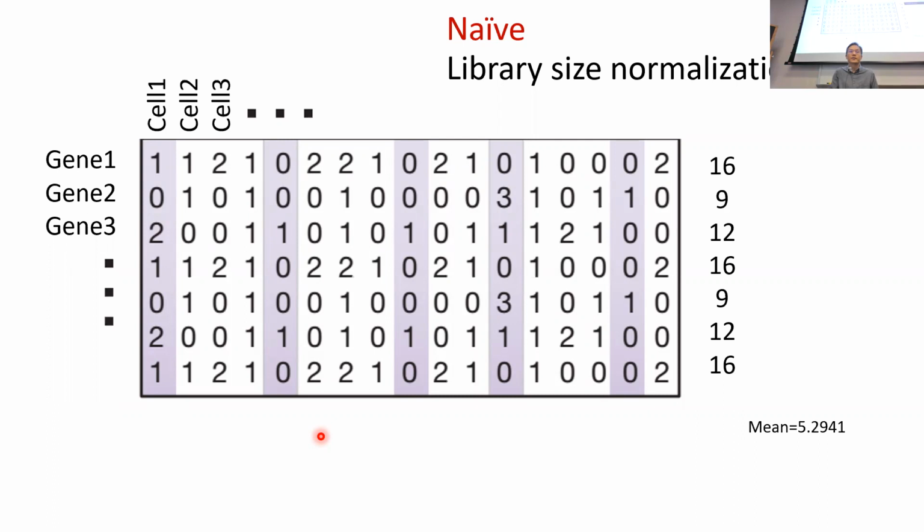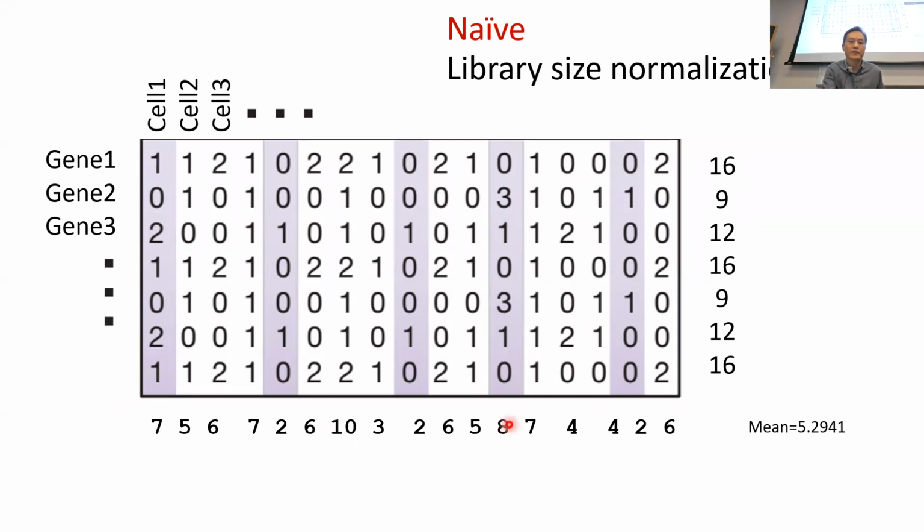For the given number of cells, if I sum the rows, I get a number something like this. The first gene has 16 in total, and the second gene has 9. So I have a mean of 5.2. I can do this for the columns, right?